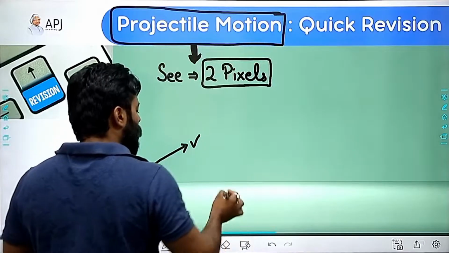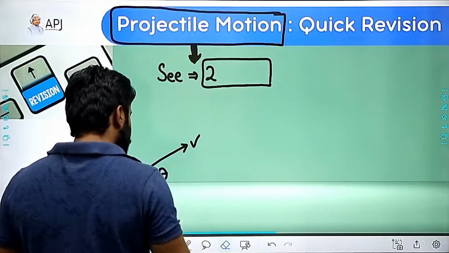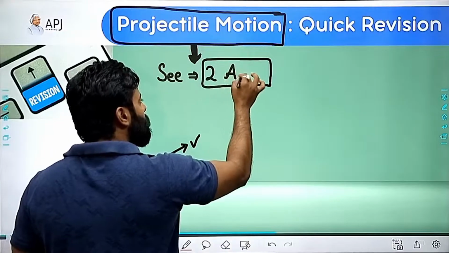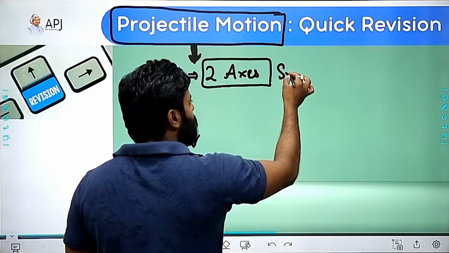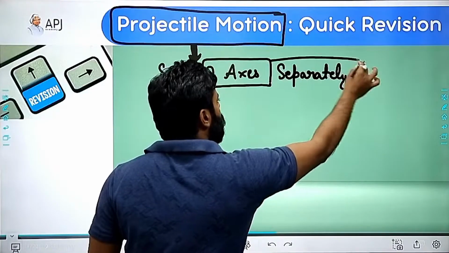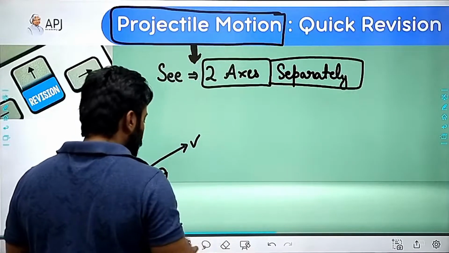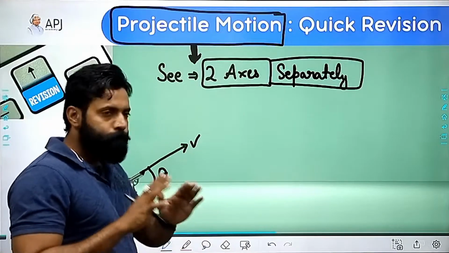See two axes separately. Split the data in two axes and you will be able to solve all the numericals of projectile.